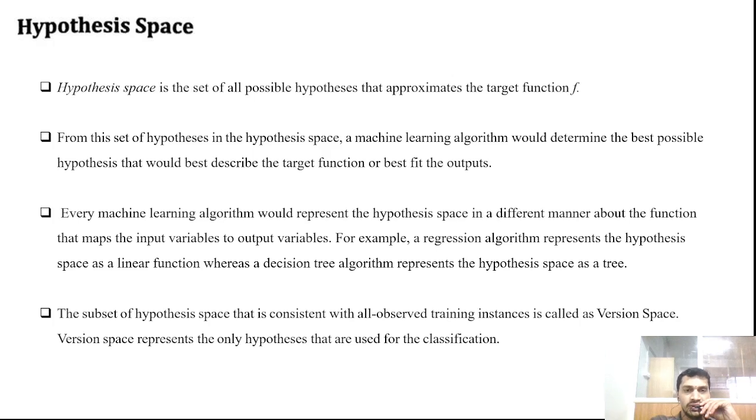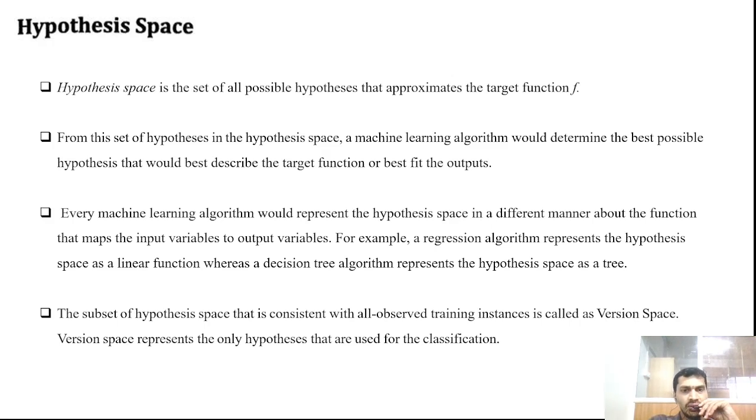So the hypothesis space is nothing but a set of all possible solutions, all possible rules that a machine learning model can consider while trying to learn the pattern in the data.